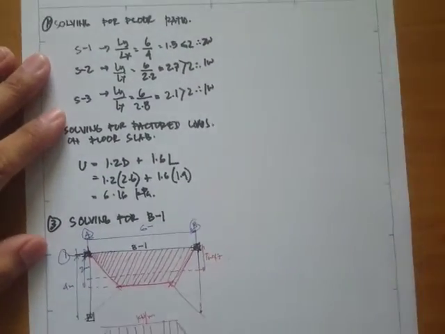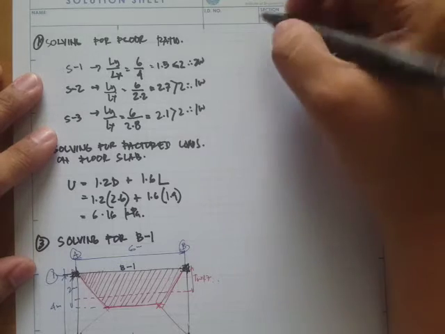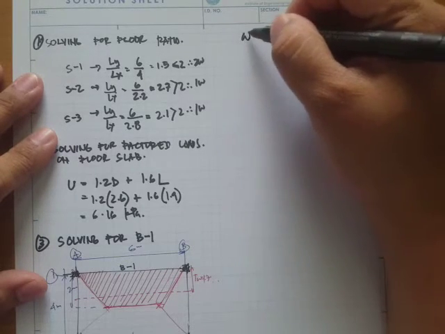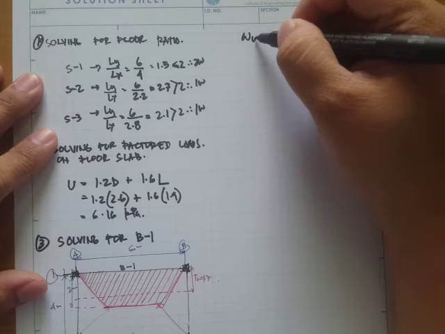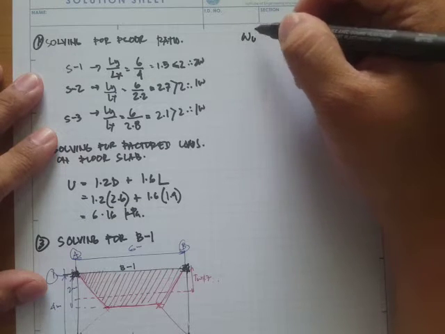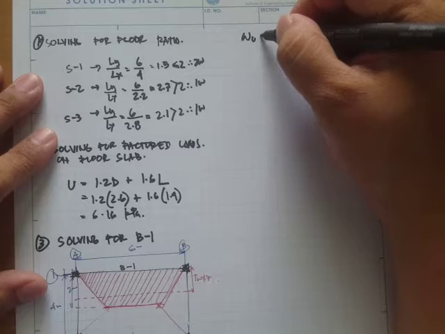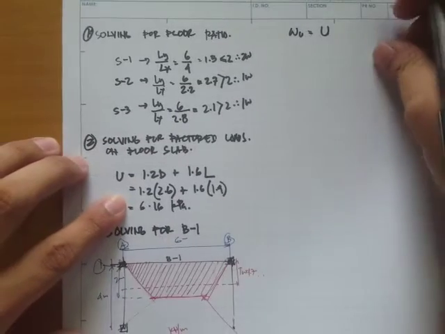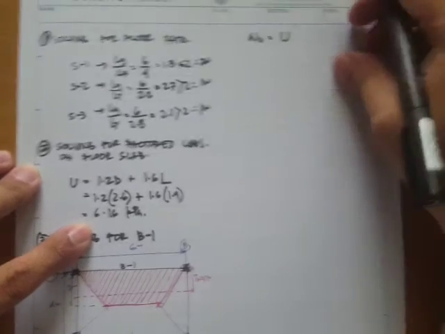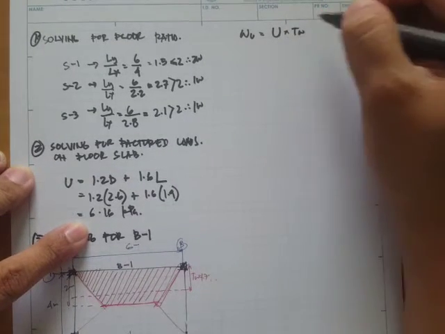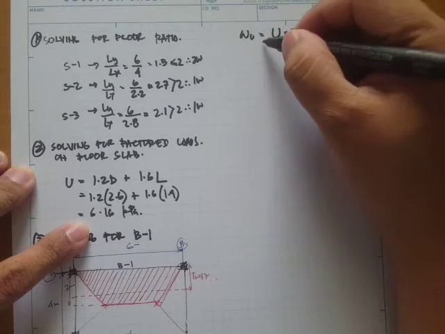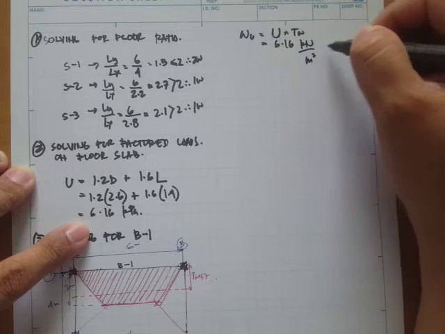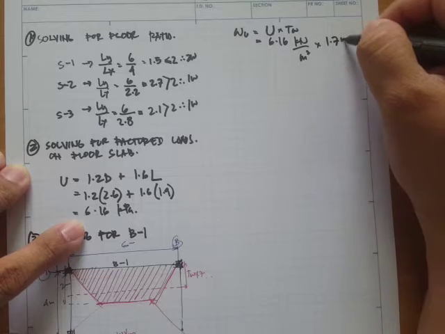Okay, so let's now solve for the factored loads in terms of distributed loads. We have omega u, that's the ultimate distributed load. So that's our factored load, 6.16 kilonewton per meter squared, times our tributary width of 1.7 meters.